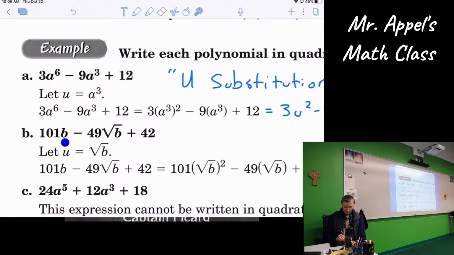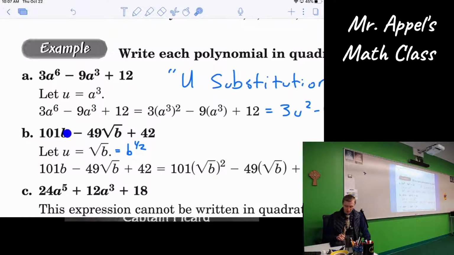We've got b to the linear power minus the square root of b. Hey, wait a minute. Okay, square root of b is b to the 1/2 power. You recall your exponent rules. So we're going to let that be our u, so that now this regular b is the 1/2 power squared, you see.